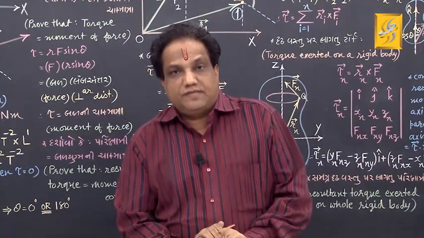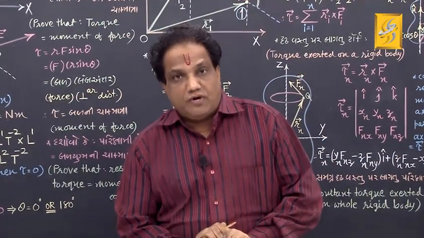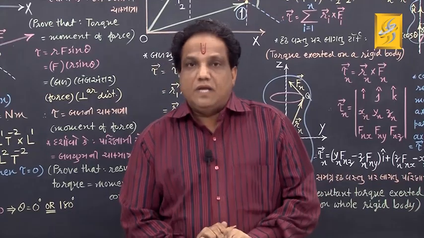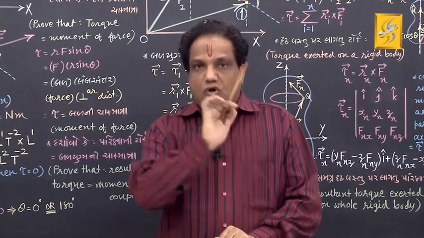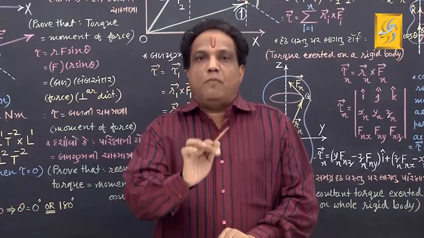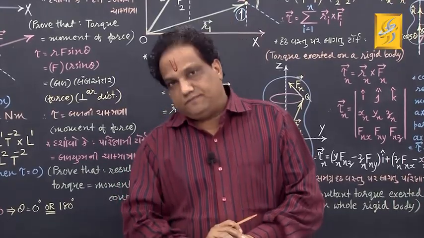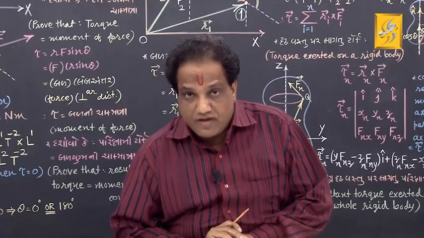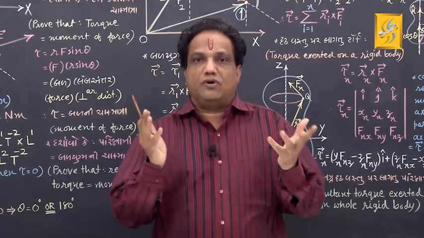Now my dears, let us prove one more important result. Resultant torque is found to be equal to the moment of a couple. Then you may have a question, what is called a couple?